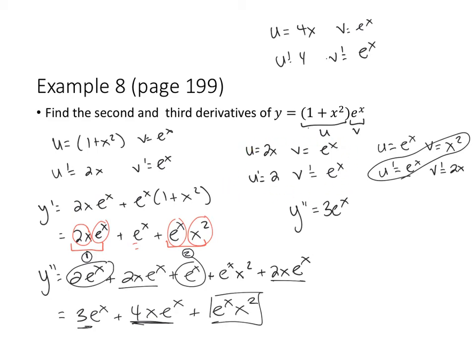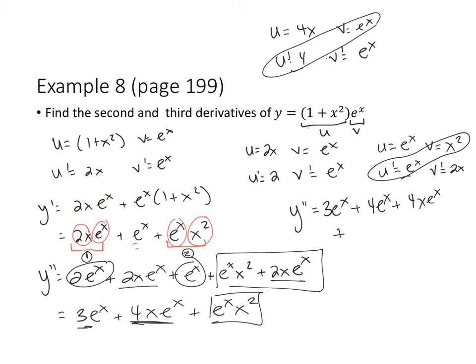So if you just wanted to replace the 4 with the 2, that was okay too, or you could do it all out like I did up here. So we have plus 4e to the x, I'm multiplying these two together, plus 4x e to the x, and then plus the derivative of e to the x squared, which was right here, e to the x squared plus 2x e to the x.